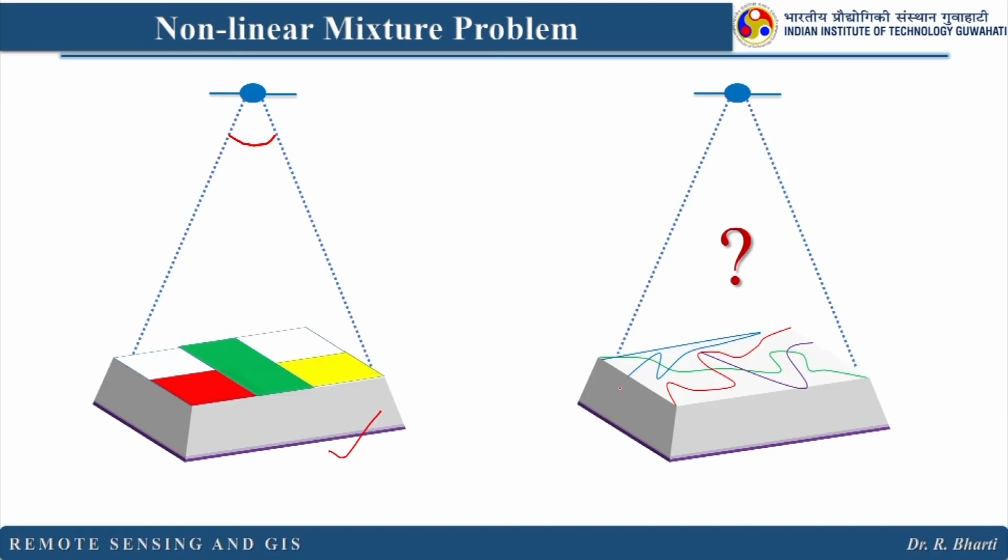So, here if you see this non-linear and linear mixing, what we exactly want to do? We want to deconvolve the image spectra in terms of known materials. So, for known materials, how will we know that this is the response of a known material? Either one has to develop a spectral library where you can find all the spectral behavior of known materials, right.